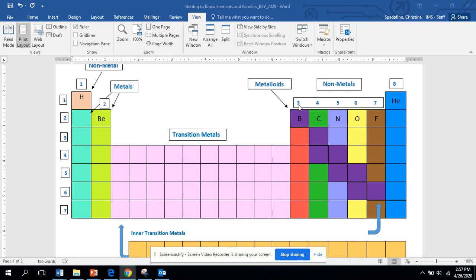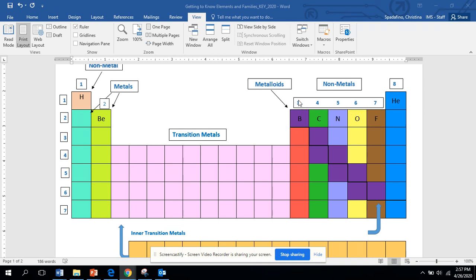So first, go ahead and number each family or each column. So this is boron, and this is family 3. This is carbon. This is going to have the number 4. Again, these are going to represent the number of valence electrons.